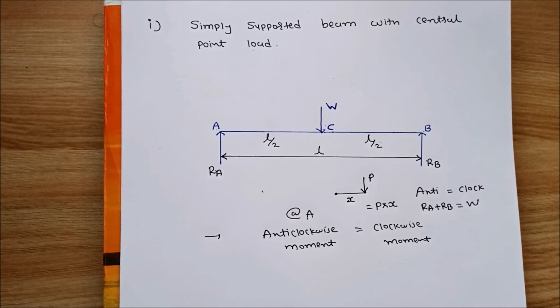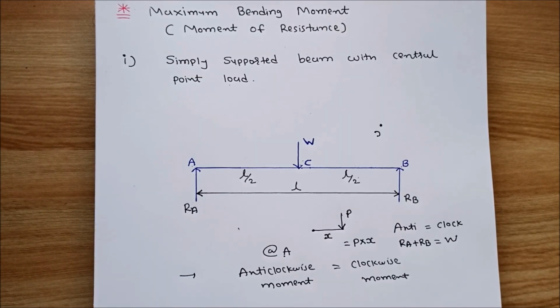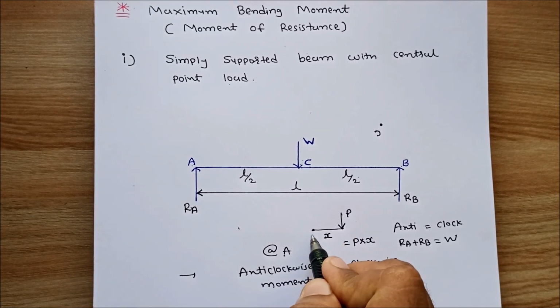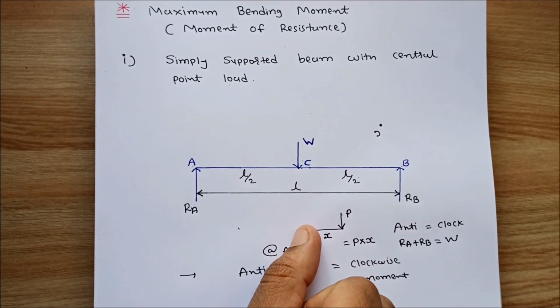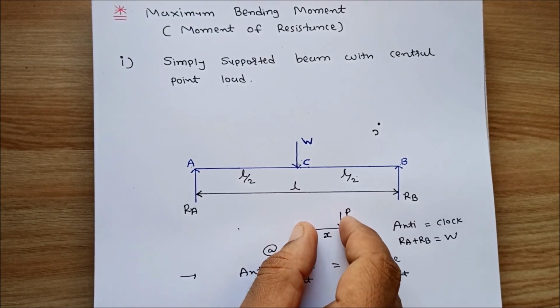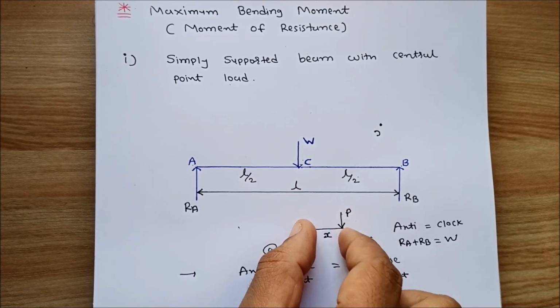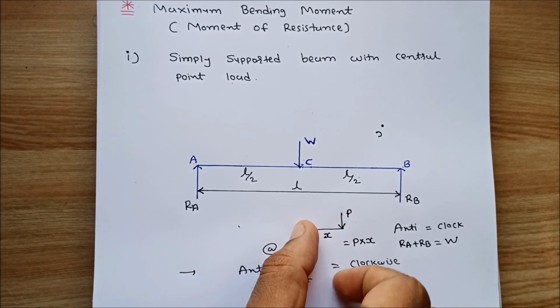There are two types of moment, clockwise moment and anti-clockwise moment. While you are finding moment from a point, put the thumb here and rotate the fingers in the direction of force. So here that is a clockwise moment.